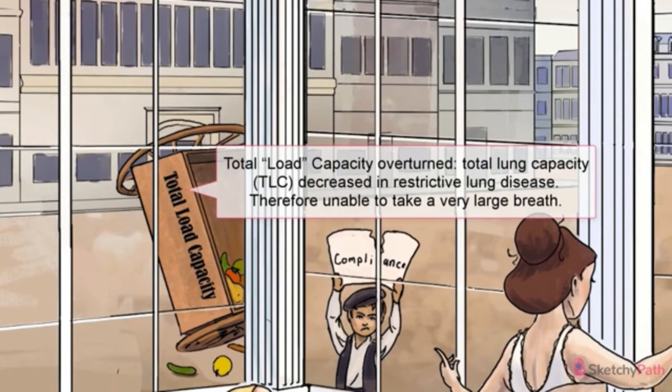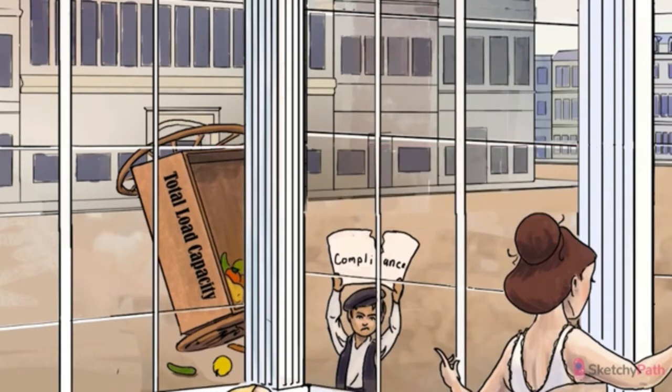In other words, take a huge breath and hold it in. How much air is in your lungs? That's your TLC. People with restrictive lung disease just can't take that huge breath in because their lungs are non-compliant. So down goes their total lung capacity. In this scene, decreased total lung capacity is represented by that overturned total load capacity.